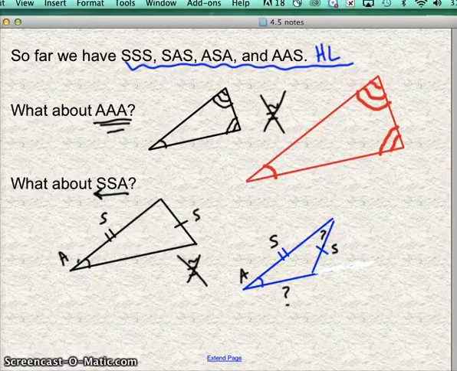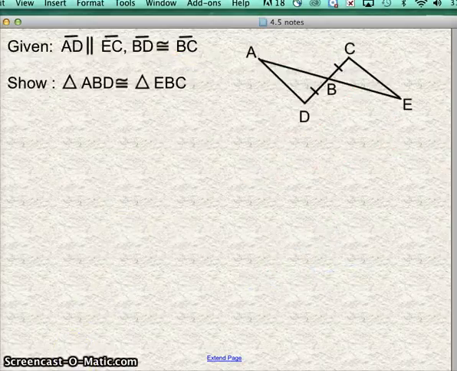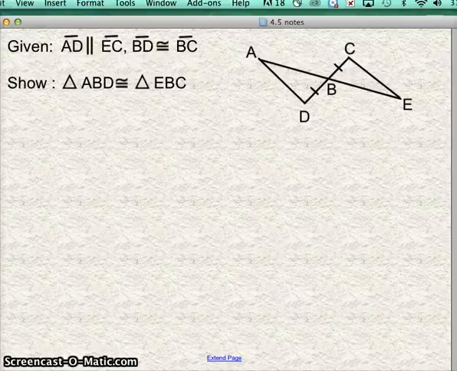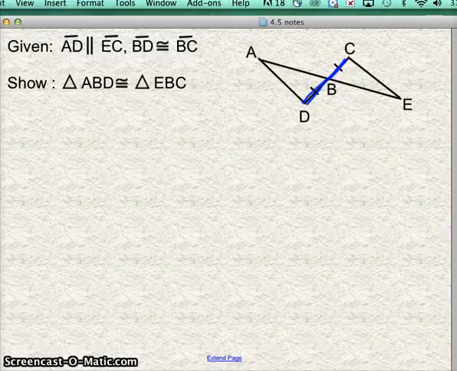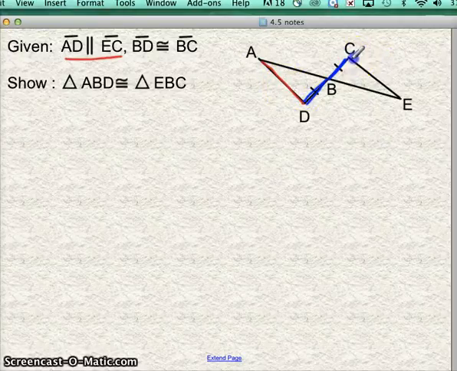Okay, so let's do a couple examples. Here's some given information. We are given that BD, this side right here, is congruent to side BC. That's a given. Then we're also told that AD is parallel to EC.